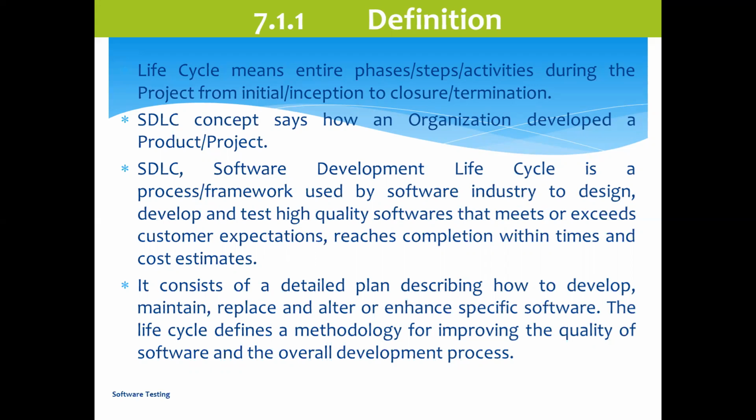Okay, so it will reach completion within time and cost estimates. So it will reach completion by whatever deadline or timeline is given, 1 month or 2 months or 15 days. It can be completed within that total life cycle. And what cost estimates are set? Suppose TCS company and Vodafone client are there. So some cost budget will be maintained.